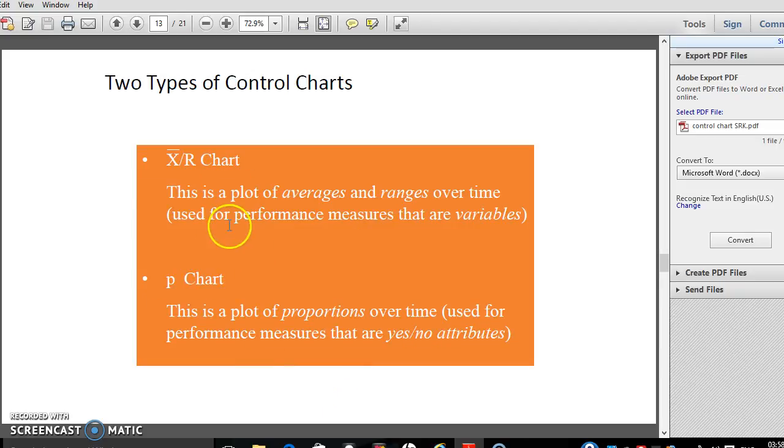There are two types of control chart: the X bar R chart, which is a plot of averages and ranges over time used for performance measures that are variables, and the P chart, which plots a proportion over time, used for performance measures that are yes or no attributes.